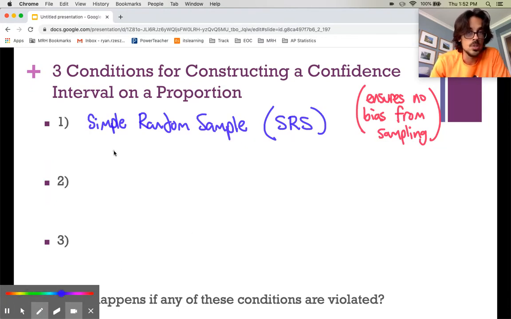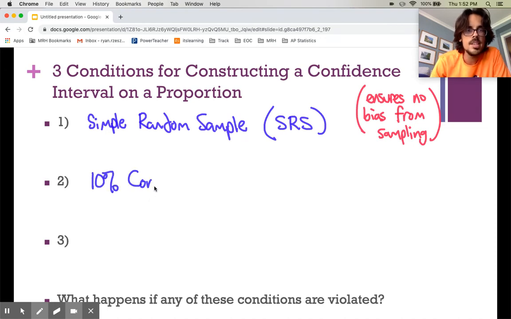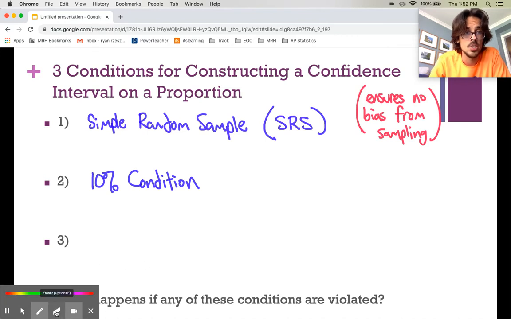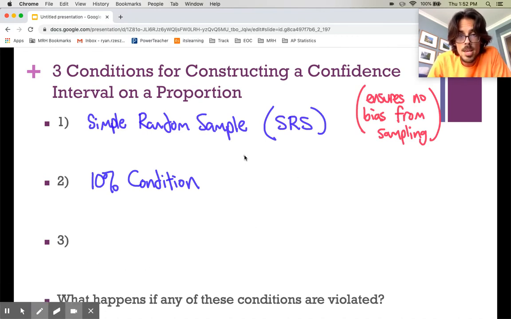The second condition we're going to check, we've seen a whole bunch. It's that 10% condition. And see if you can remember as I'm writing this down why we check the 10% condition. What do we need to check the 10% condition before we calculate? You should maybe remember that what the 10% condition does is it lets us find our standard deviation.